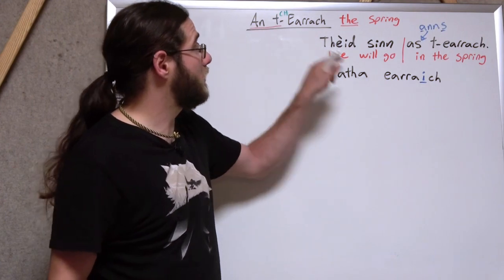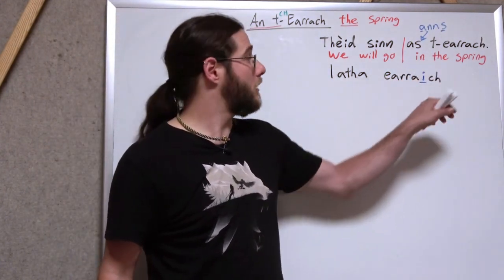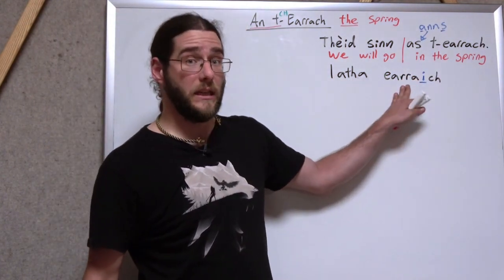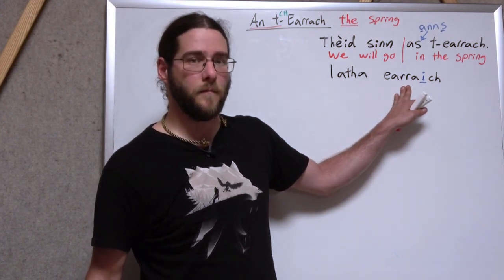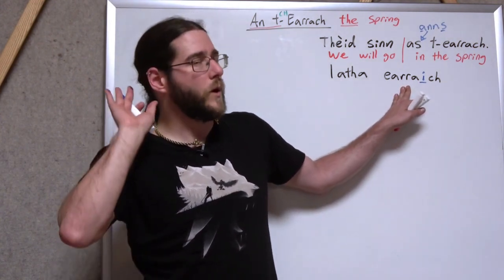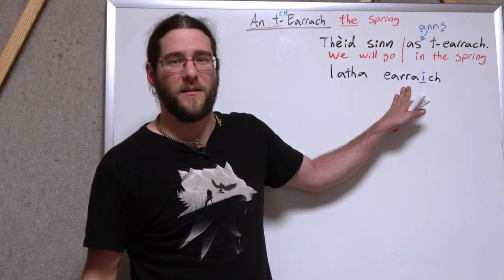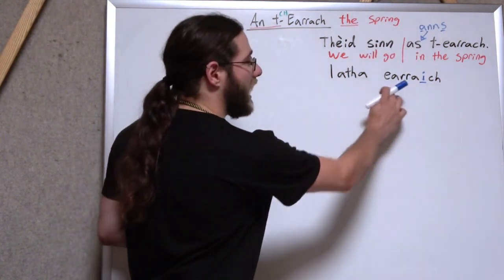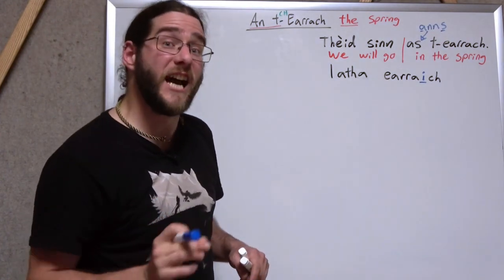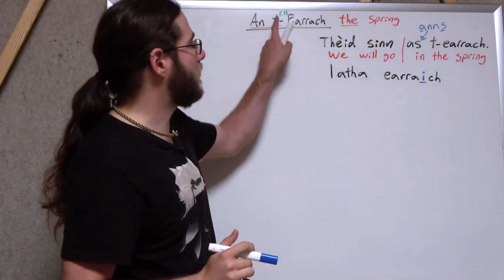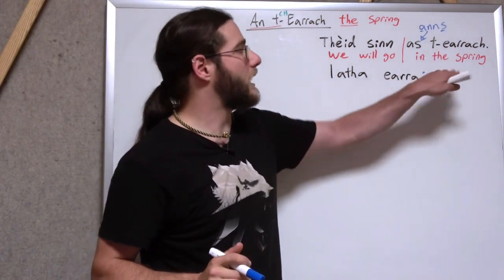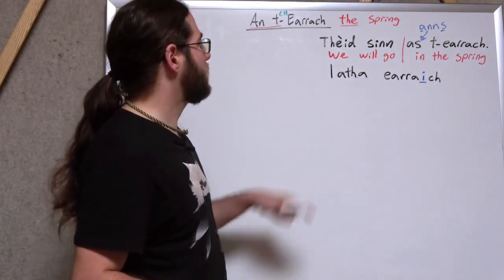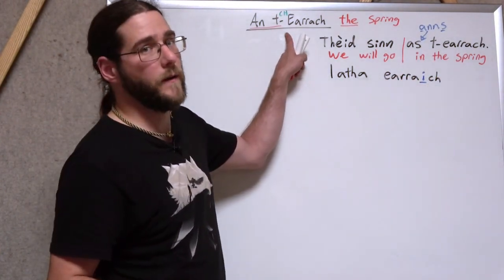An t-earrach, as t-earrach, là earraich. When one hears it, it might not be thought of as the same word, but it is. So there's no ch sound, like we had with an t-earrach, as t-earrach. Because remember, that's the T and the E coming together.